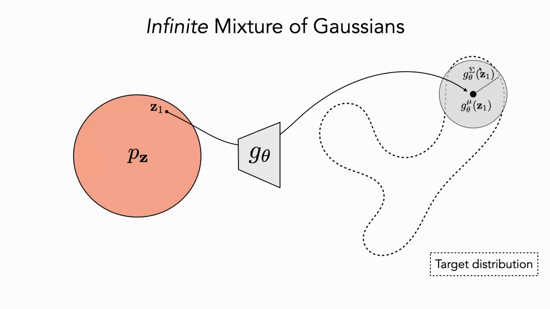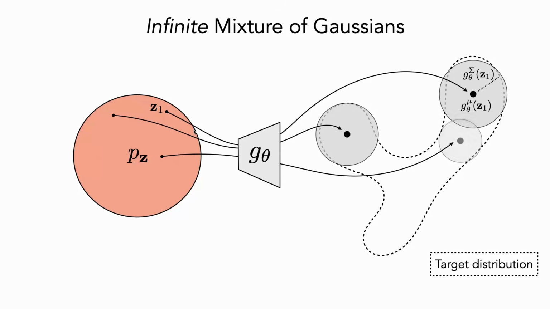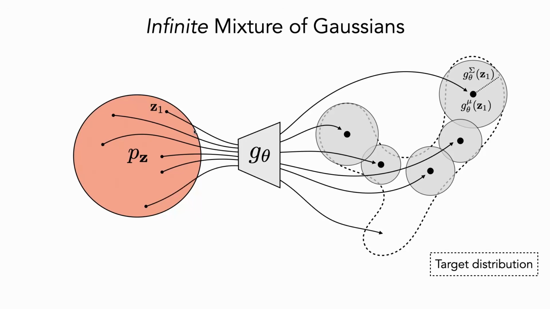Or in this example, 2 numbers for the mean and maybe 1 number to characterize the covariance because it's an isotropic Gaussian. OK, so if I sample different points in the Z space, I will end up parameterizing different Gaussians. And because Z is continuous, I can sample any point on a continuum, and I can thereby get an infinite number of possible or continuous possible set of Gaussian mixture components. Okay, and G just has weights and biases.